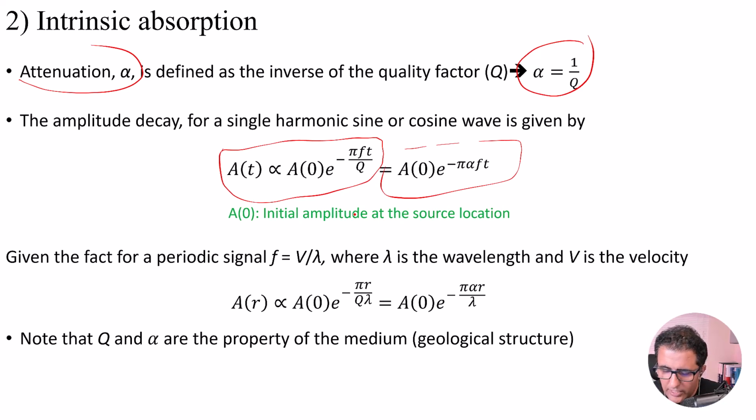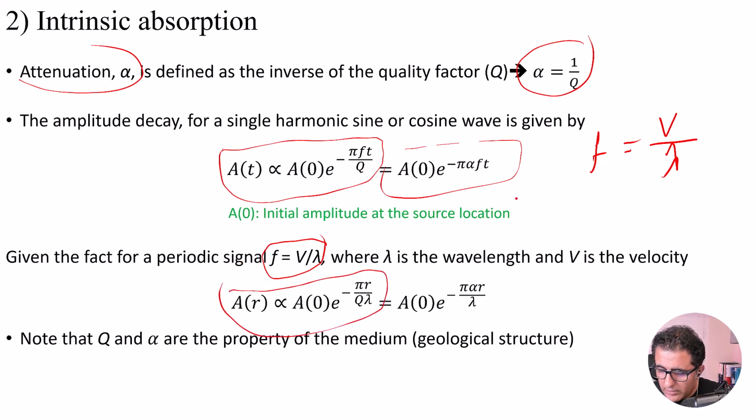So here we can do something. Assume that here we have F, and F is the frequency, as I mentioned before, and here lambda is the wavelength. And we know that in general, frequency is equal to V, or the velocity, over lambda. So if in this equation we insert V over lambda instead of F, we're going to end up with this equation.